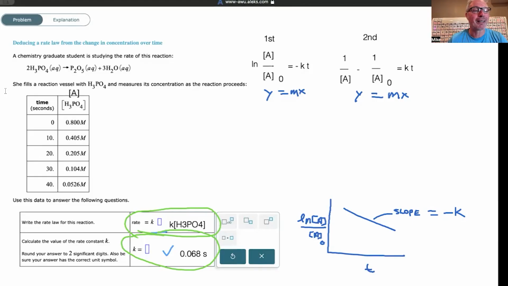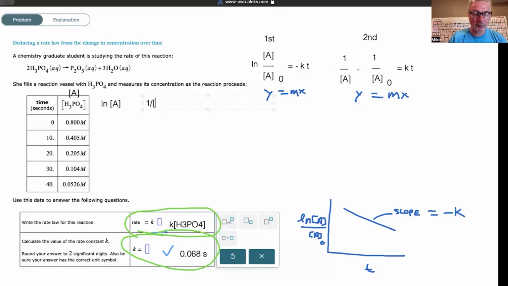So what we're going to do, though, is half of this stuff is constants. To get rid of the A initial, we just plot natural log of concentration of A. We're going to do 1 over concentration of A. Why did I not put the initial in there? Remember, it was a constant.